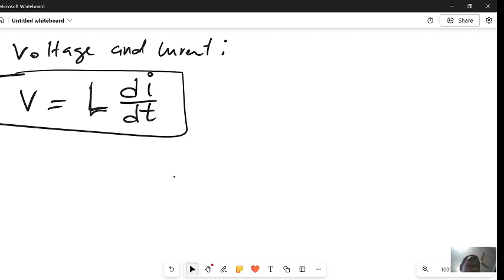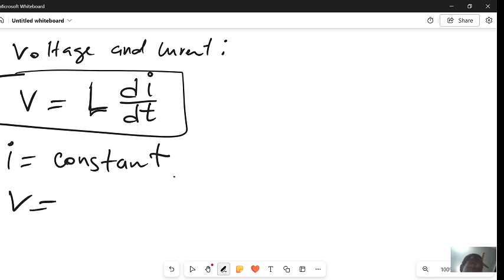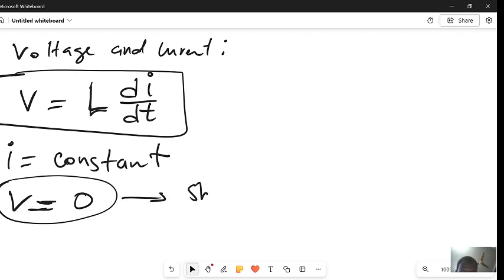It means that when I equals a constant, the voltage is the derivative of a constant, which equals 0. So the voltage is going to be 0. And as we saw in the previous video, when the voltage is 0, we call it a short circuit.